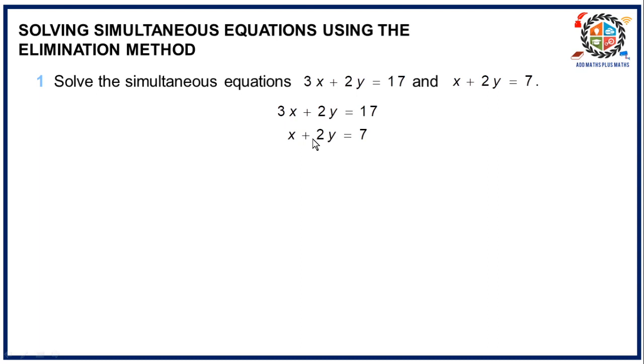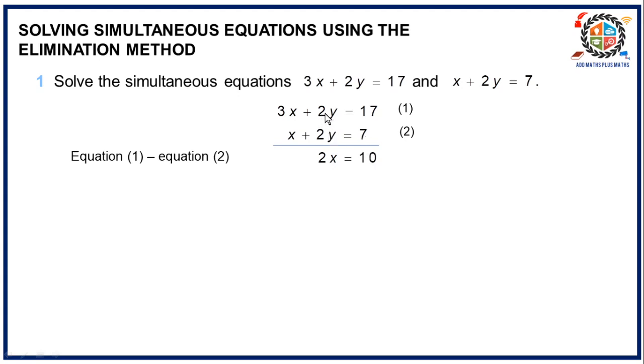So what should I do if I have the same numerical coefficients of that variable and the same sign also? If I have this, then I need to subtract. So equation number 1 minus equation number 2. If I subtract, the result will become 3x minus x is 2x, 17 minus 7 is 10.